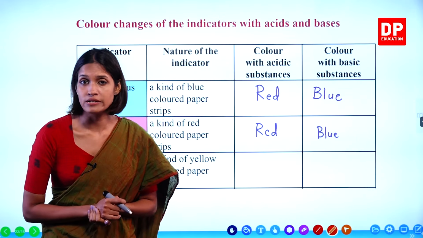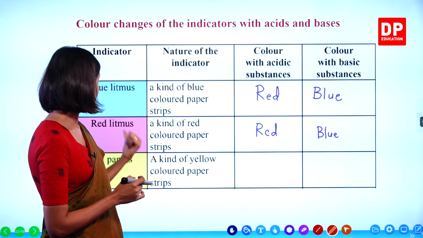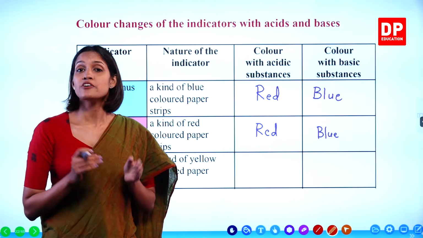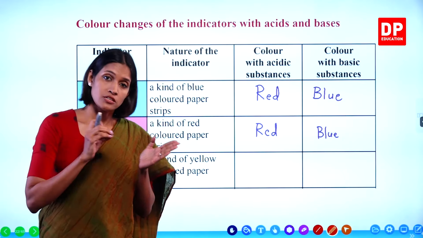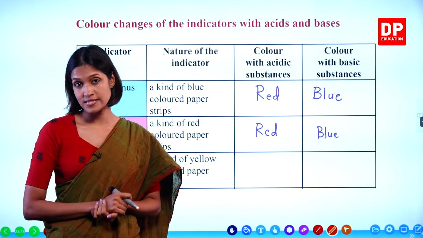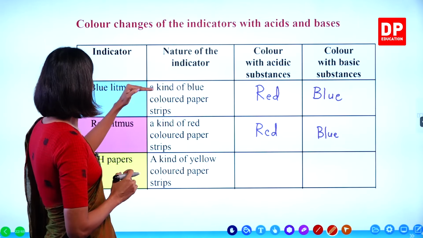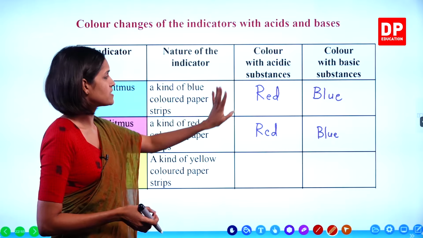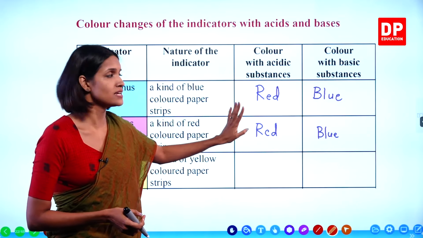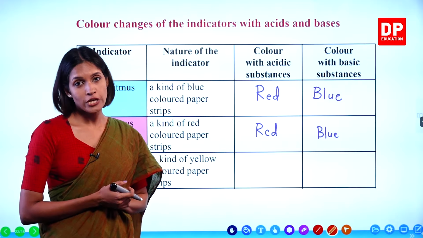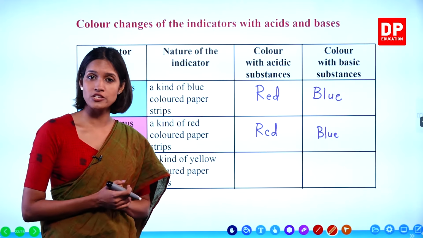Now remember children, the special feature of pH papers is that by using them, we can identify strong acids and weak acids and strong bases and weak bases as well. Now look at the litmus paper, red and blue litmus paper. With any kind of acid, either strong or weak, it always gives one red color. The color range does not change.